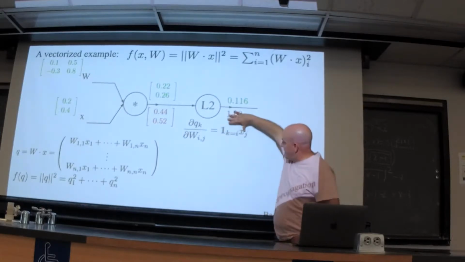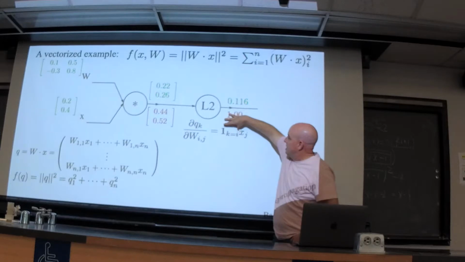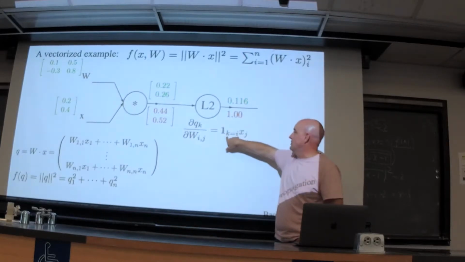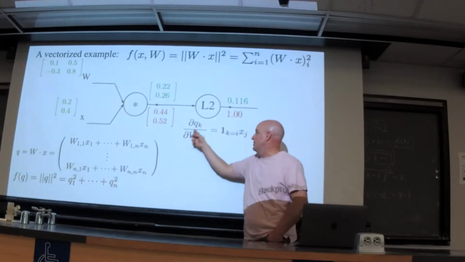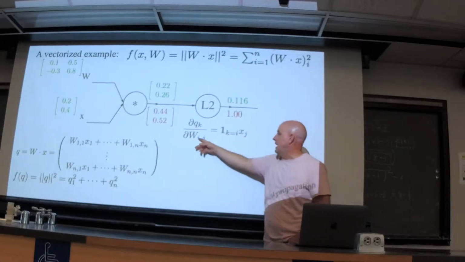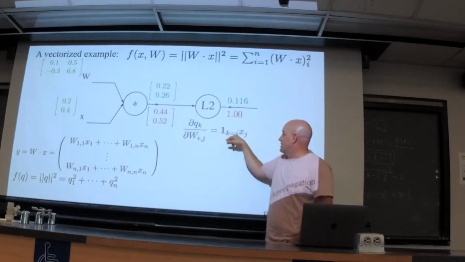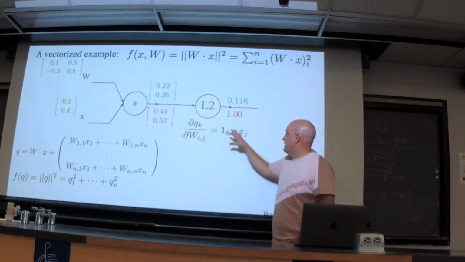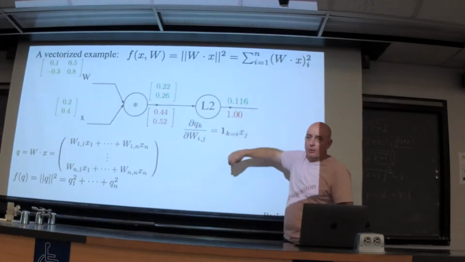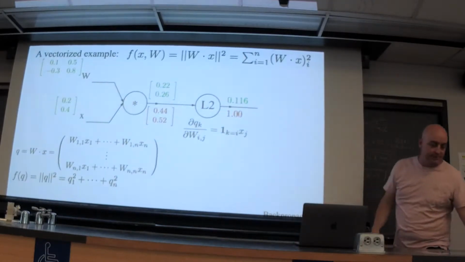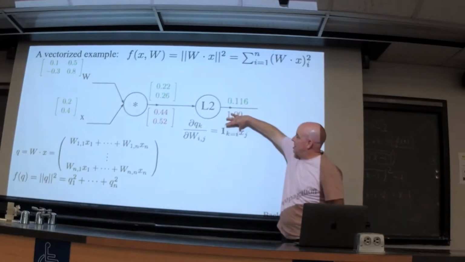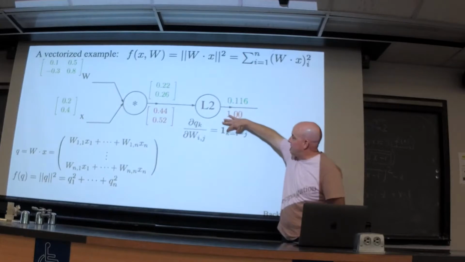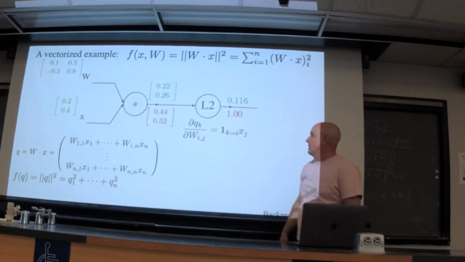This is a mathematical notation that says this is a 1 if this condition holds, if the index Q, which corresponds to one of these rows, is equal to the index I. So we're considering the kth row of W. This would be a 1, and it's 0 otherwise. This has names like delta function, but it's like an indicator variable. It's 1 when the condition holds, and 0 otherwise.